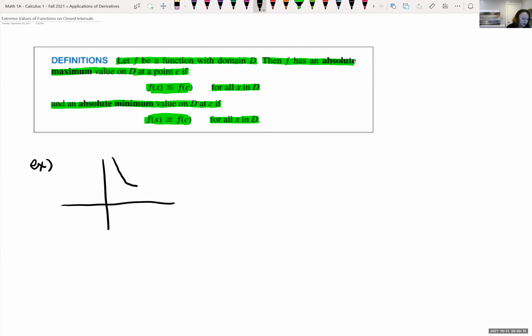But if we had some parabola like this, and our domain is from negative infinity to infinity, I'd look to see if there is any absolute maximum or absolute minimum for this function f of x.